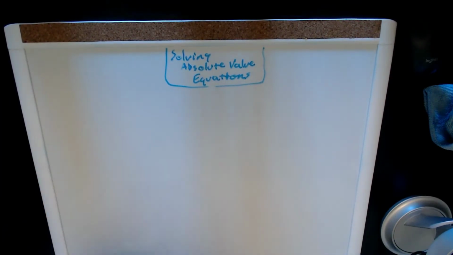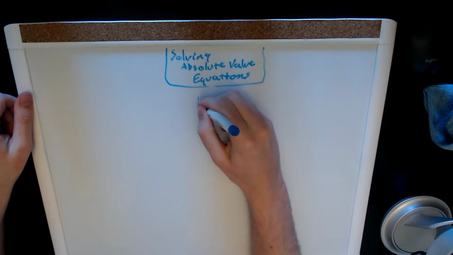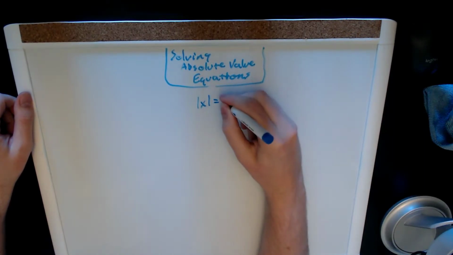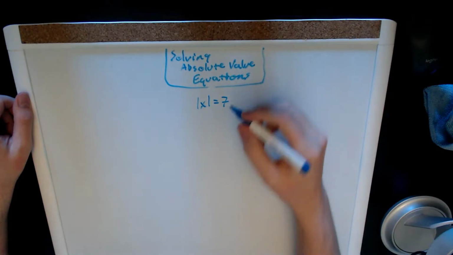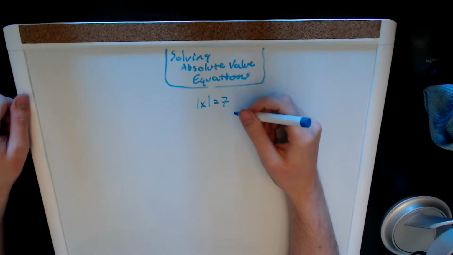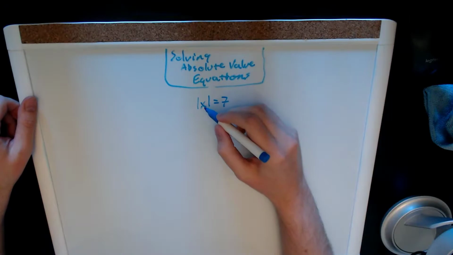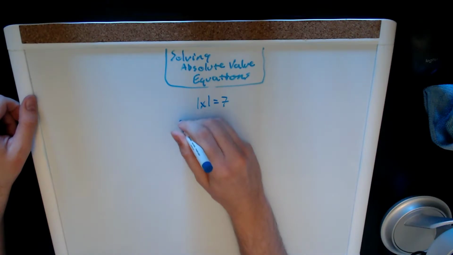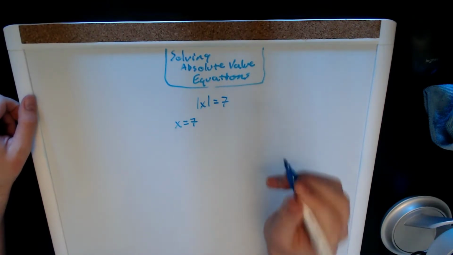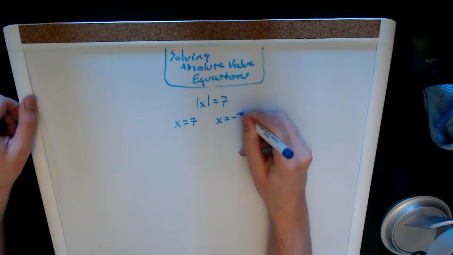So, let's say we had something like the absolute value of x equals 7. Knowing this, we say that the value inside of the absolute value ticks is equal to plus or minus the other side. So x equals 7 and x equals negative 7.